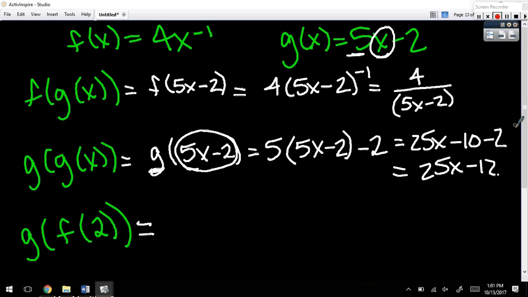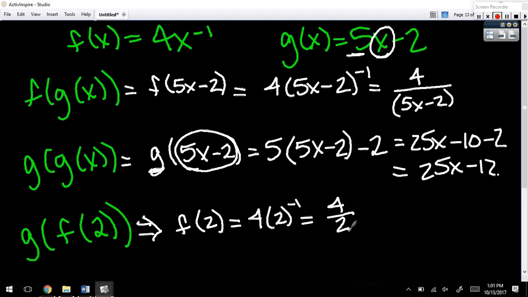I need to do f of 2 on this one first because I need to know what f of 2 is so that I can plug it in the parentheses there. So I get 4 times 2 to the negative 1. Again, the 2 moves down, but not the 4, because the exponent's only hooked to the x and not the 4. And 4 divided by 2 is 2.